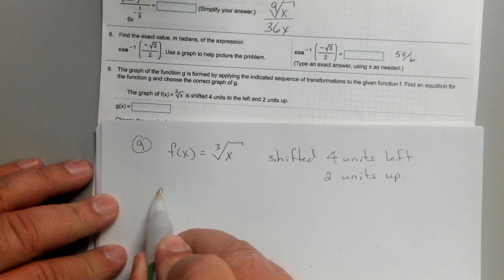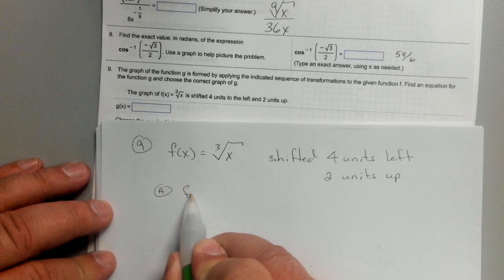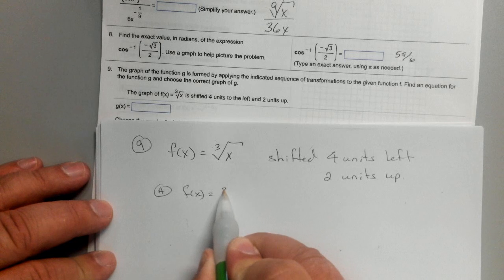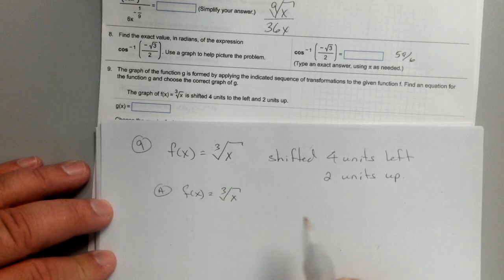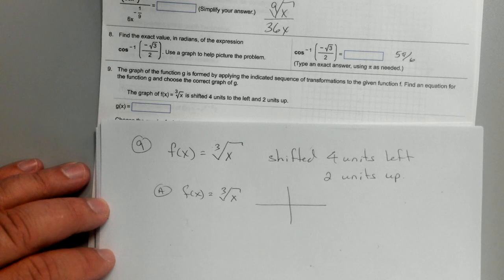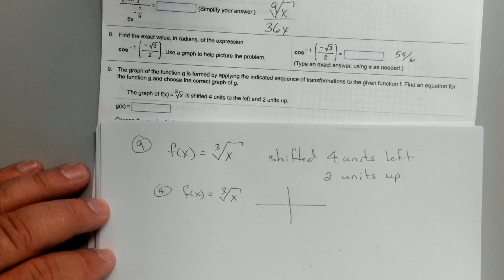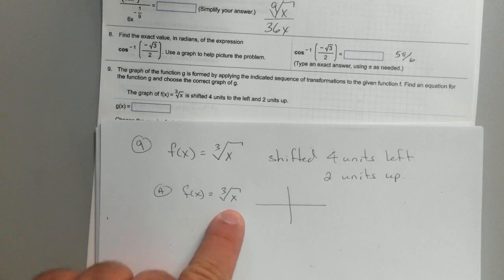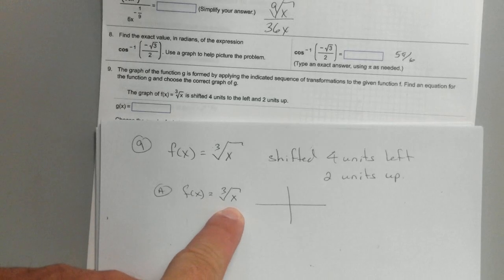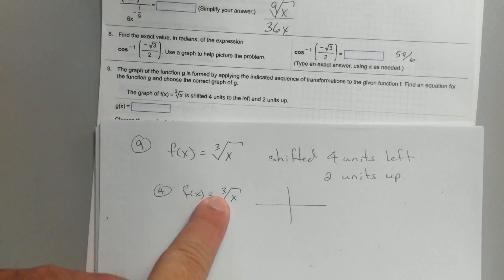Let's look at this, we have to graph this eventually. So what does this graph look like? Can x be negative? It's an odd root, so yes.